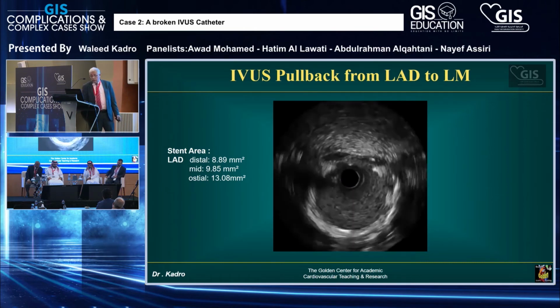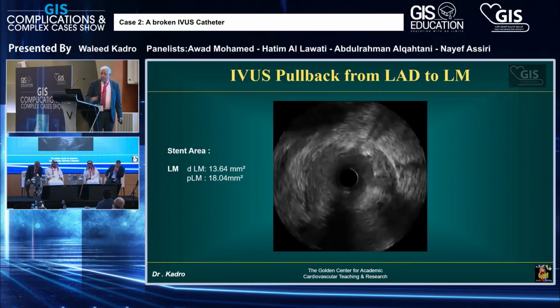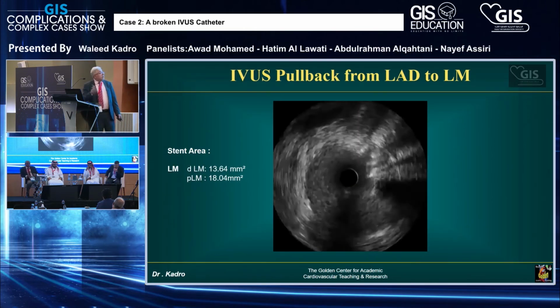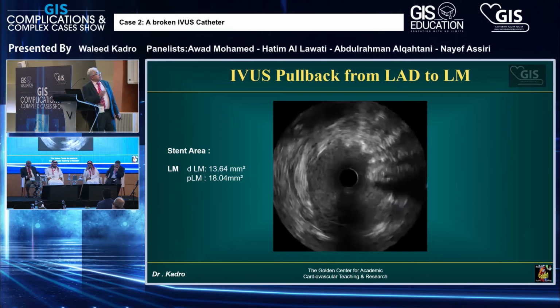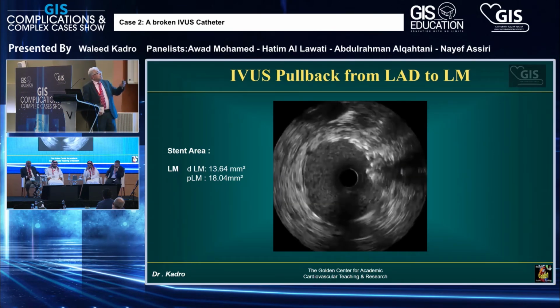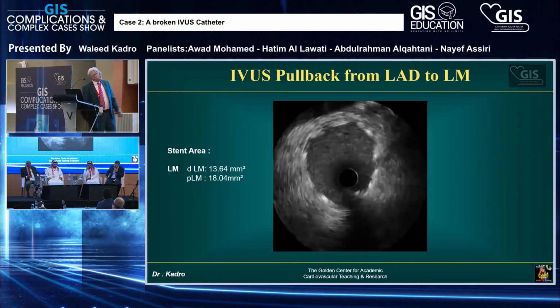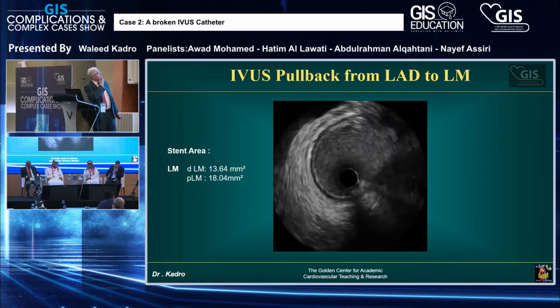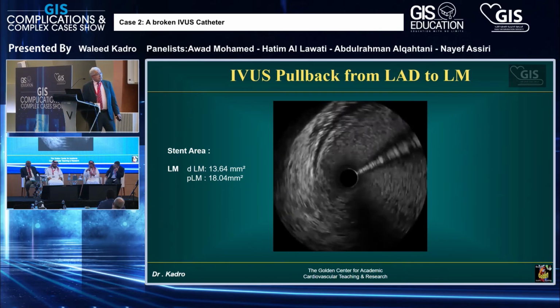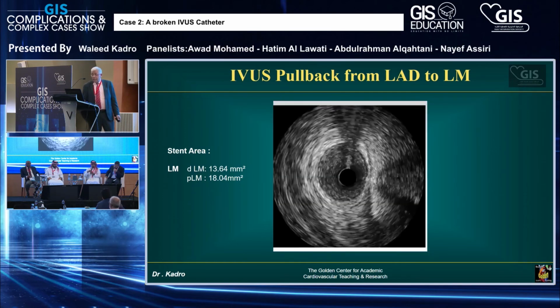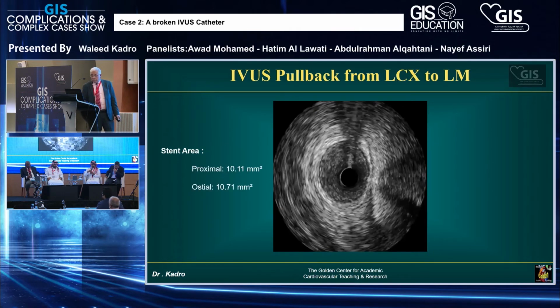So no further workup. And then we have the pullback from the LAD to the left main. We see 2 layers of stent, and there is some change in the shape, but the diameter was adequate. So I don't think I had to do further workup.